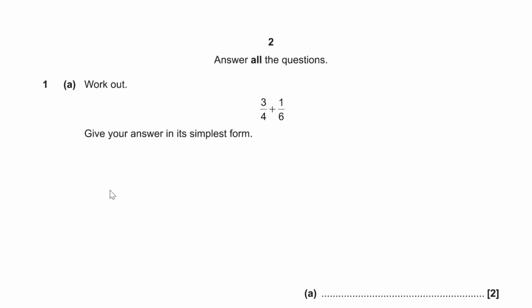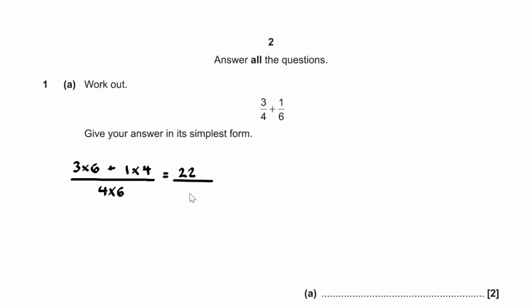Well, over here, we would have 3 times by the 6 plus 1 times by the 4 all over 4 times by 6. So on the top we have 18 plus 4, which is 22.